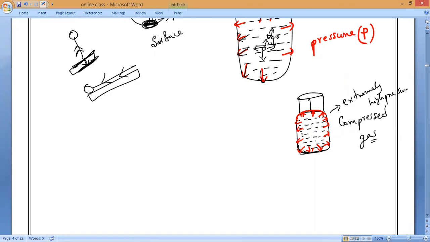Yes? Hari? Now, why are they exerting pressure on the walls of the container? Only one reason: they want to escape out of the container. Wherever possible, they will always search for a gap or a hole to escape, because they are what substances?